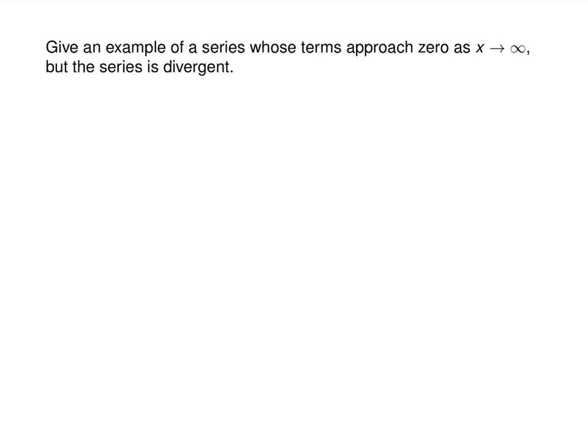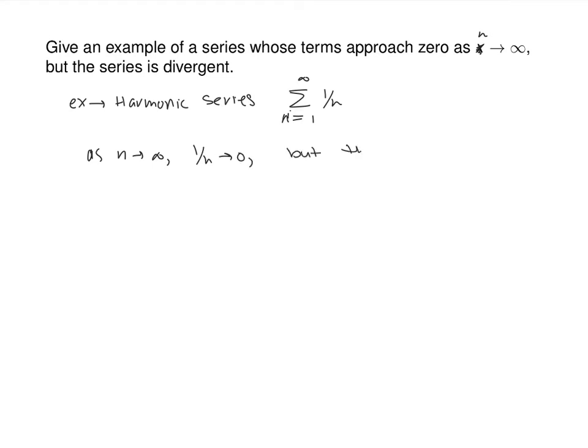Give an example of a series whose terms approach 0 as n goes to infinity, but the series is divergent. The classic example is the harmonic series, the sum from n equals 1 to infinity of 1 over n. We know that as n goes to infinity, 1 over n goes to 0, but this series diverges.